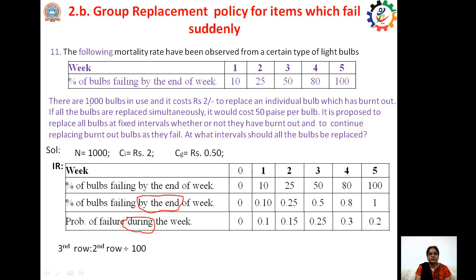How to get during the week? This is 1, 2, 3, 4. Fourth row calculation, let us see. It is the corresponding third row element minus the previous element in the third row.